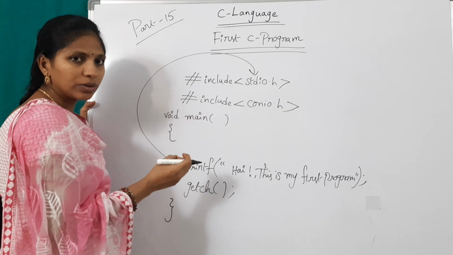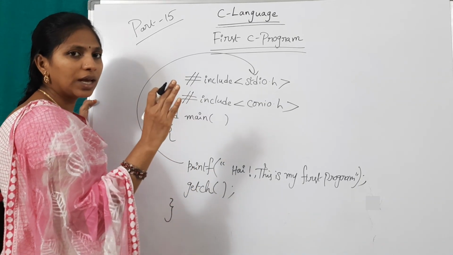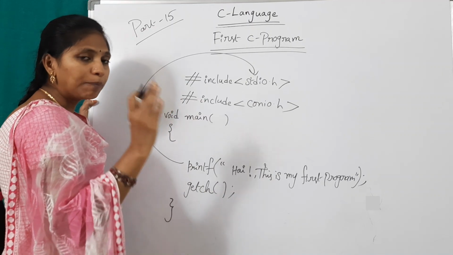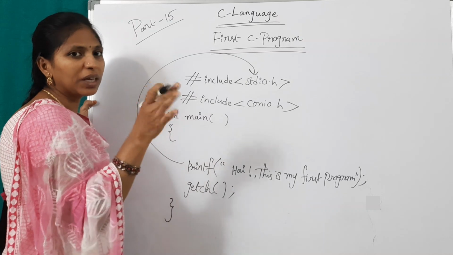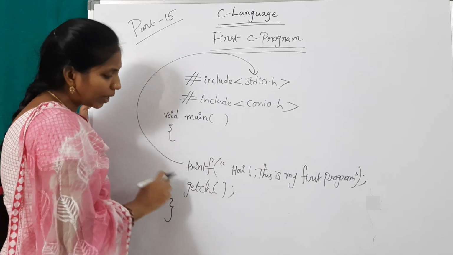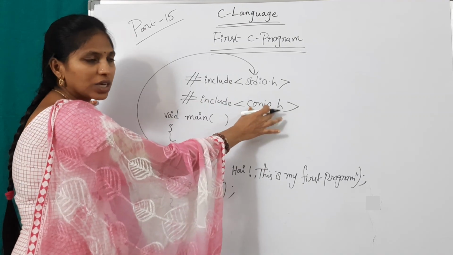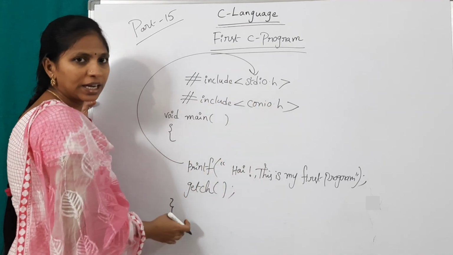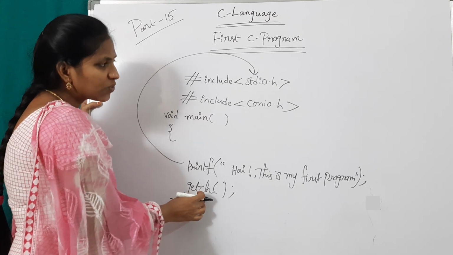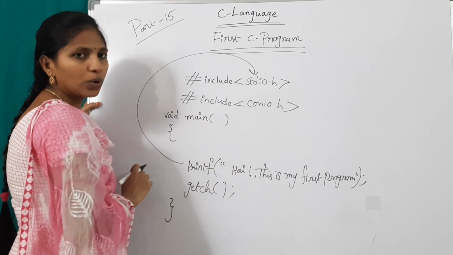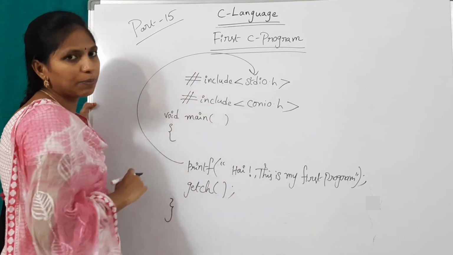This function pauses the result screen until a character is entered from the keyboard. This getch is from conio.h, the console input output header file. I used this function, that's why I included conio.h. The header files section is at the start of a C program.